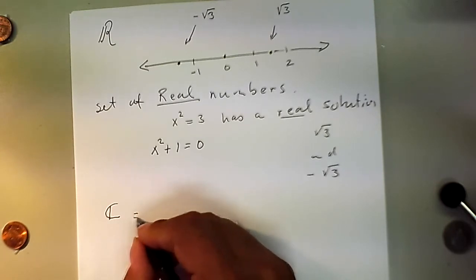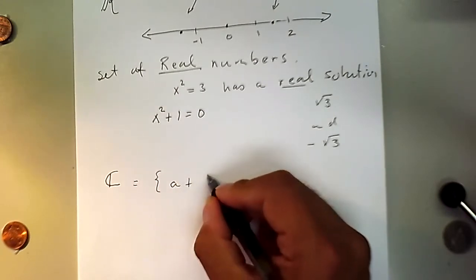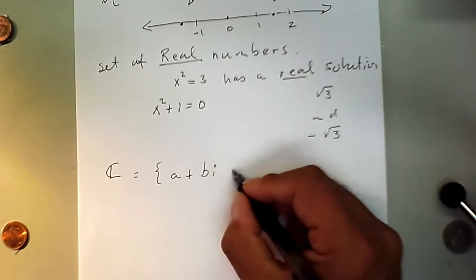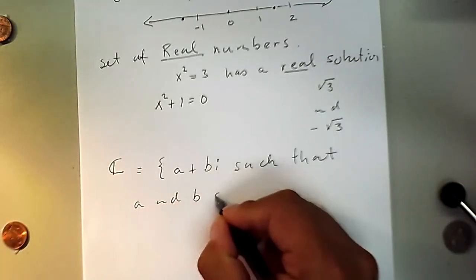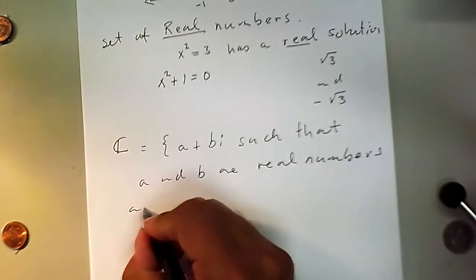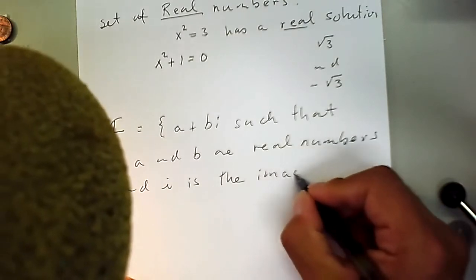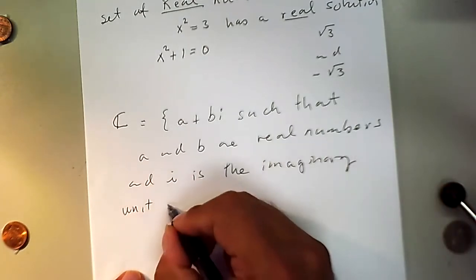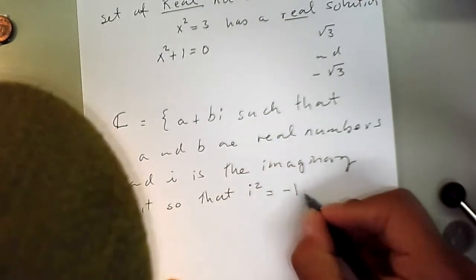It is the set of all the numbers which may be written in the form a plus bi, such that a and b are real numbers and i is the imaginary unit, so that i squared equals -1.